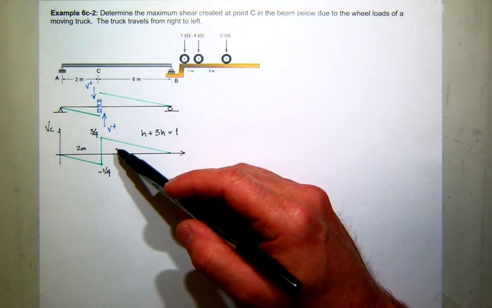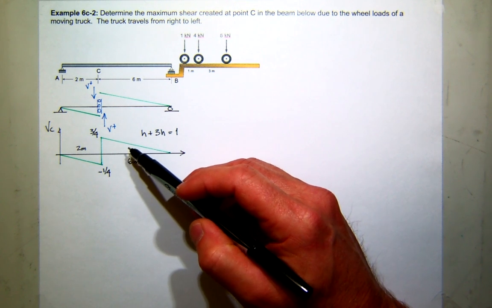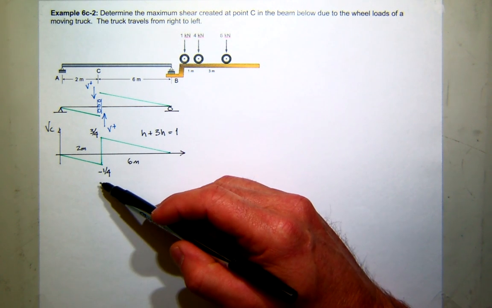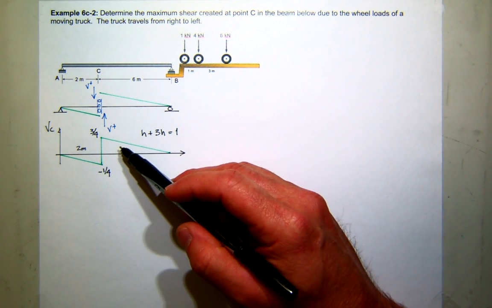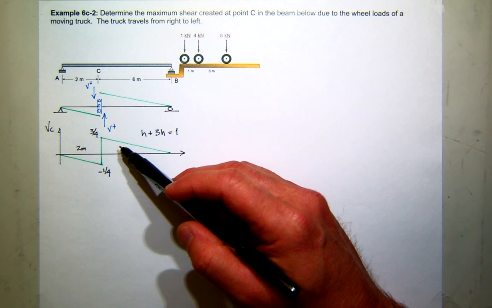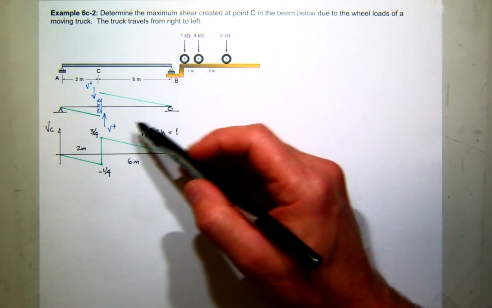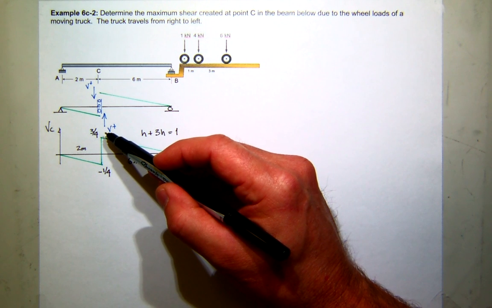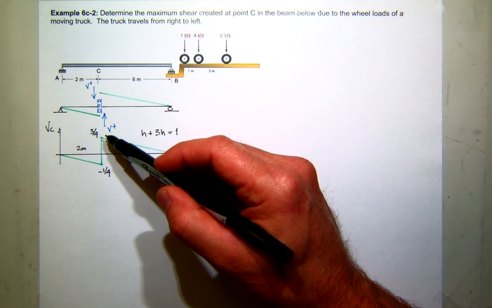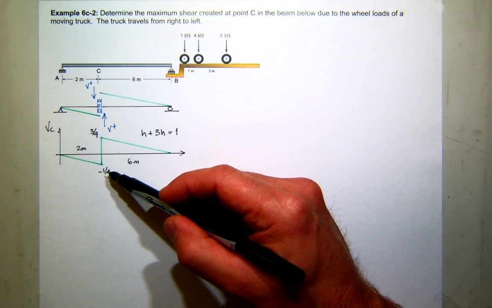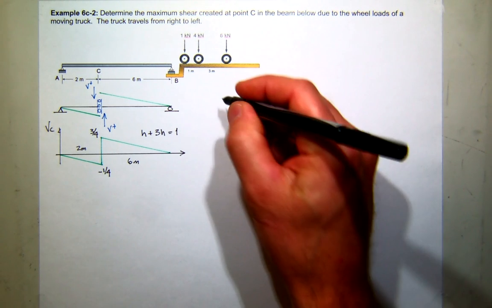It seems to me the positive section of this curve is much, much larger than the negative section. So I think the positive value is going to be the maximum. So as I move from left to right, I'm going to let each one of my loads in turn hit the positive side, the 3/4 side, not the negative 1/4 side. So there should be 3 cases.